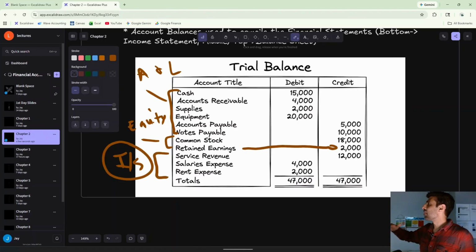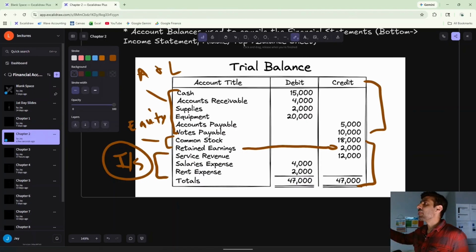So that ending balance of retained earnings then goes into your final balance sheet. All this stuff gets netted together into your ending retained earnings balance, and then that goes in your balance sheet, and that's combined with all this stuff. So eventually all the balances get included somewhere in the financial statements. But you're listing them all out here in the trial balance.